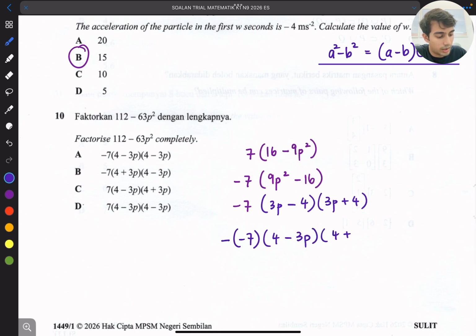And then this one we can rearrange it to make it 4 plus 3p. Okay, here we did nothing, we just rearranged it because here the 3p's are all at the back. Here what I did was I factored out the negative. So when you factor out negative, negative will become positive, positive will become negative. This one quite difficult. So negative of negative 7 will be positive 7, 4 minus 3p, 4 plus 3p.